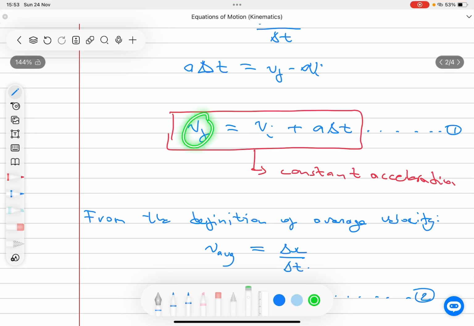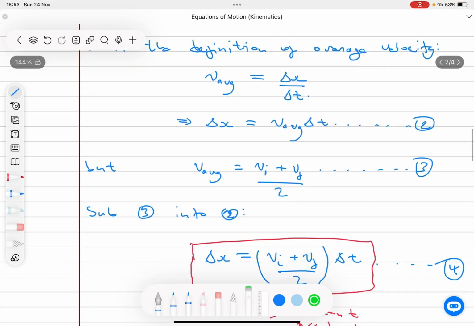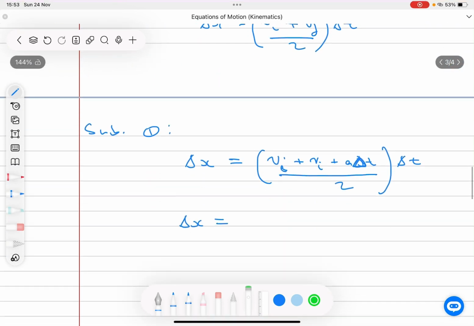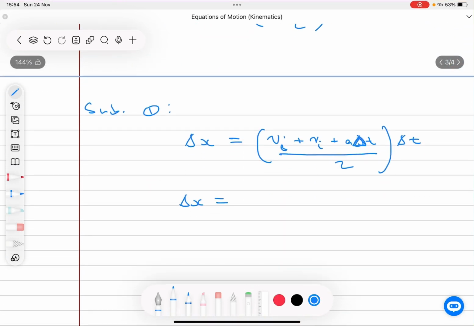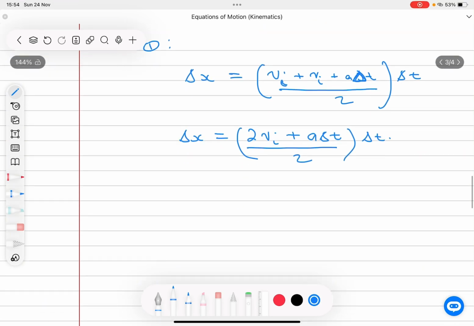Remember, we are substituting the Vf with Vi plus A times change in t to simplify this. Now if I say Vi plus Vi, it will give me 2 Vi, and I have here A times change in t, all divided by 2, and I have a change in t there.